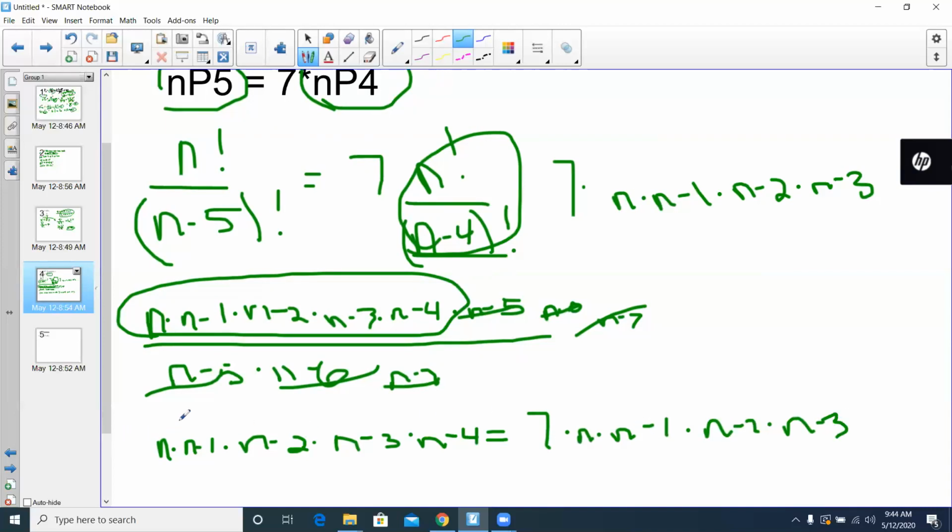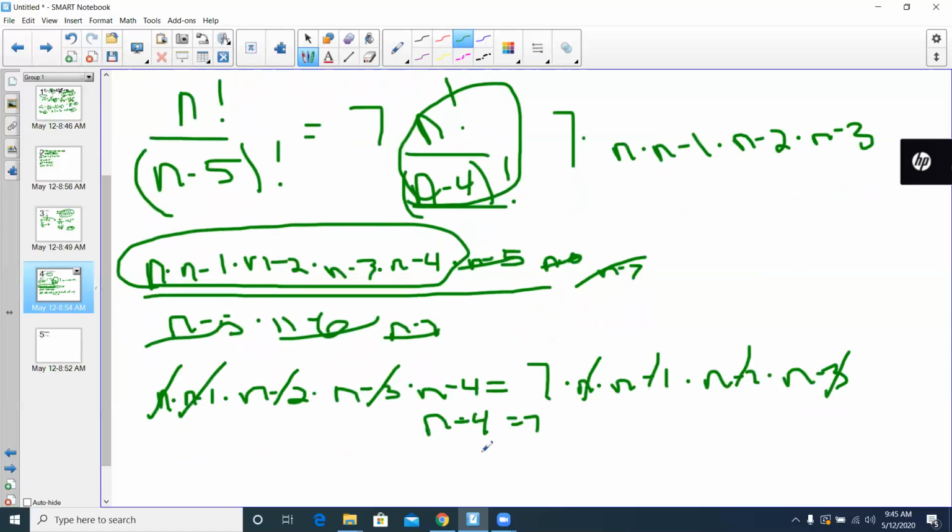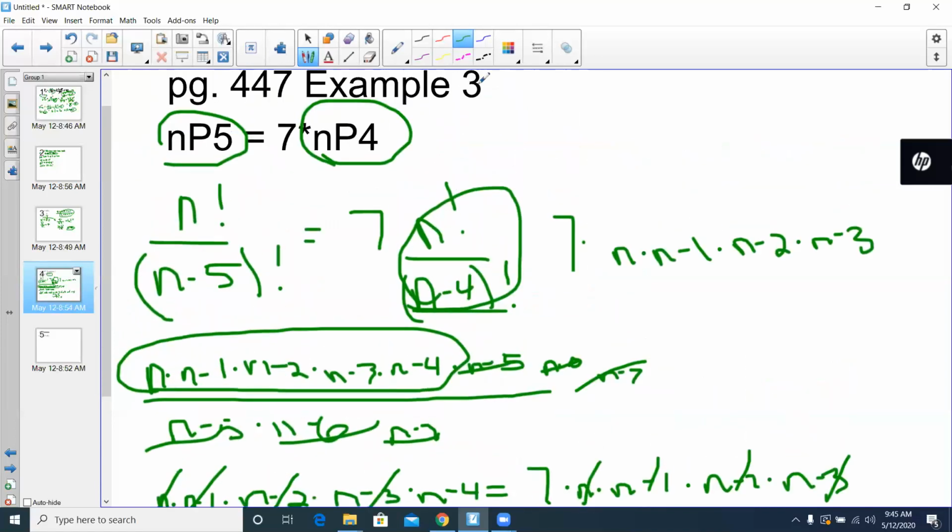Okay, so now if you take a look at it, this cancels, this cancels, this cancels, and looky here, we have n minus 4 equals 7. So guess what? We're going to add 4 to both sides, right? So we'll get n is equal to 11.